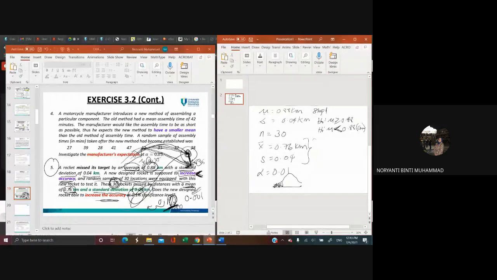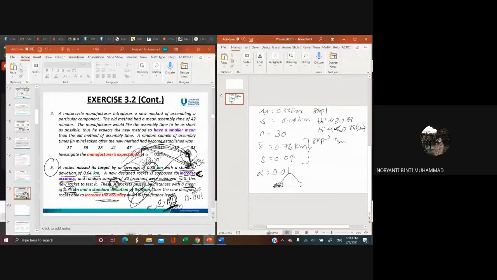Now, step number 2, test statistic. We have mu, so we use either z-test or t-test. Now we look: do we know the sigma value? Is the population variance known or unknown?